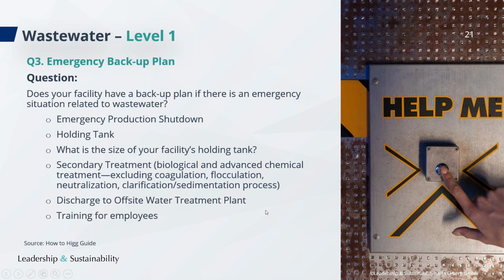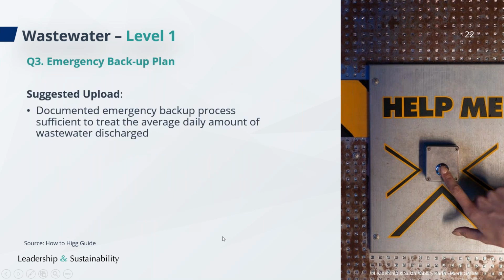Do you have training for employees? And the last question then, do you have any other backup process? And so we suggest that you upload your emergency backup process, and as we said, also sufficient to treat the average daily amount of wastewater discharged.